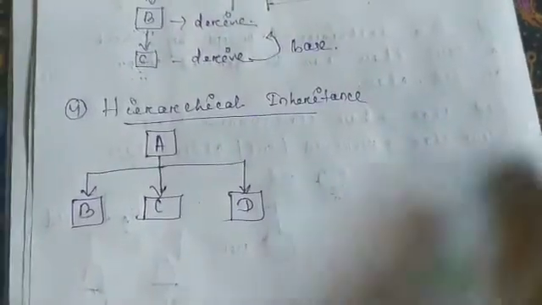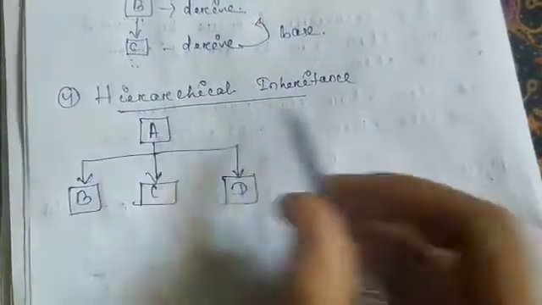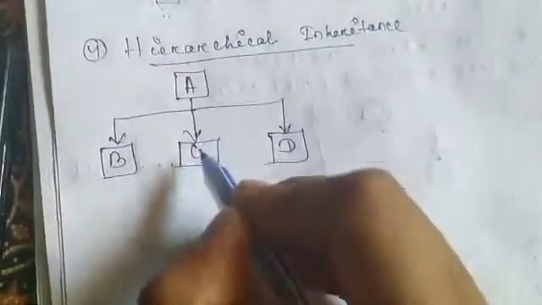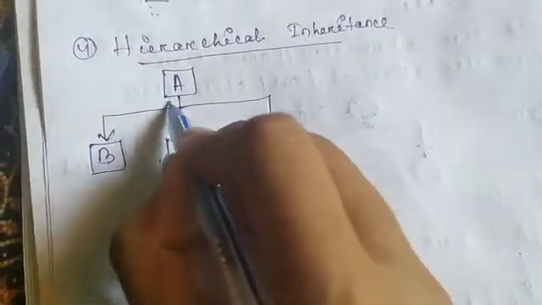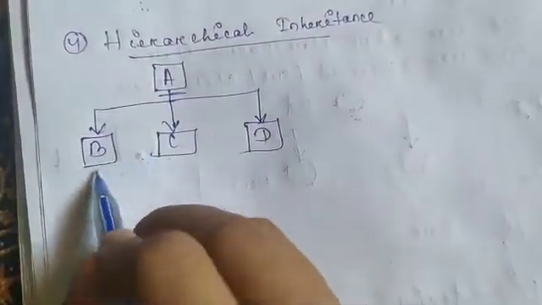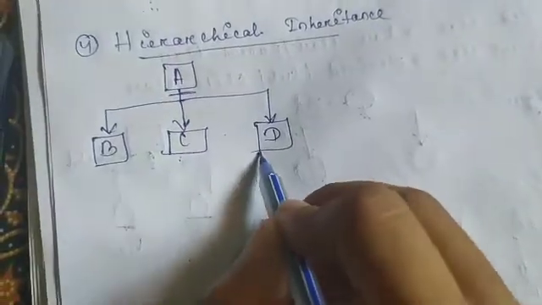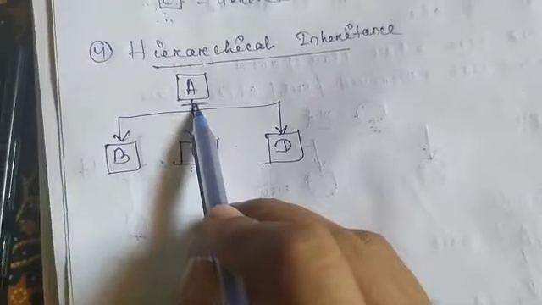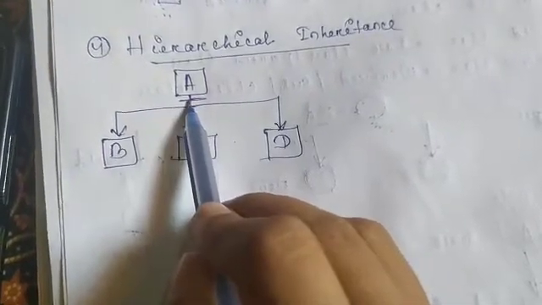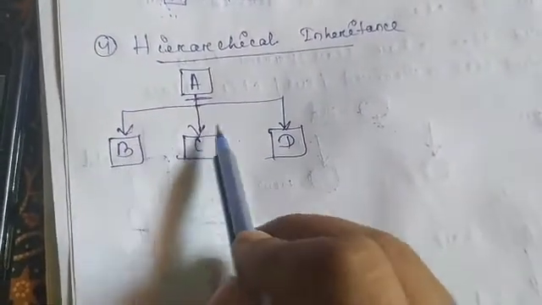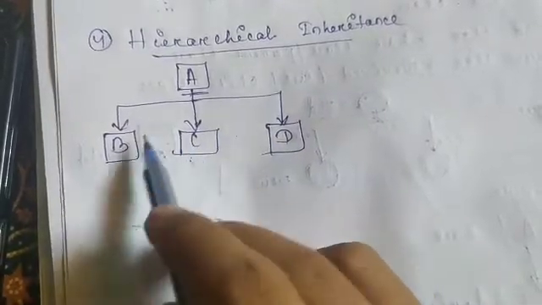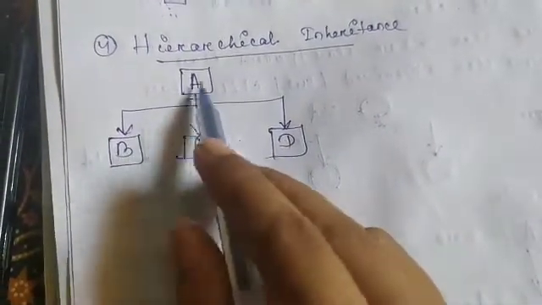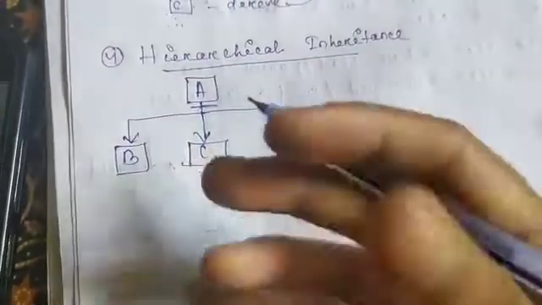Then the fourth one is hierarchical inheritance. In hierarchical inheritance there is one base class, but there is more than one derived class. For example, a parent may have more than one child, and the children have some characteristics of the same father, like appearance.